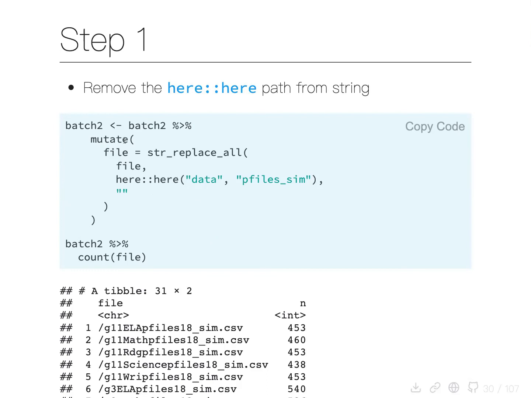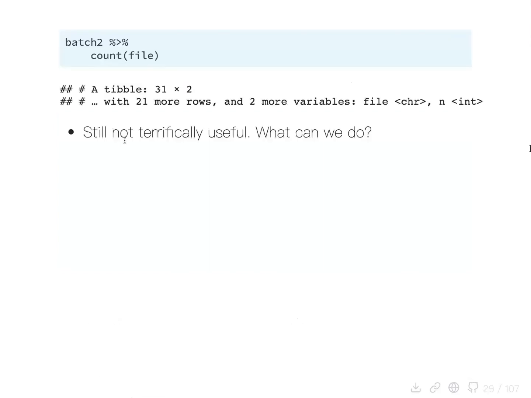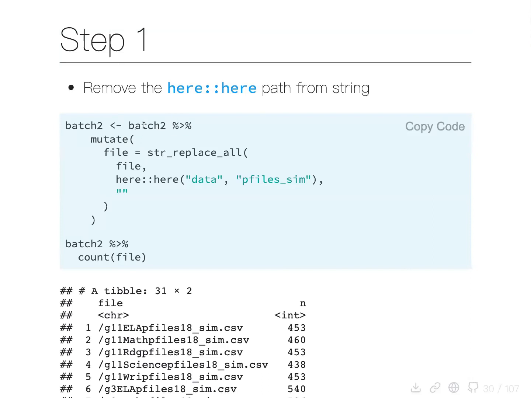Okay, so I have my batch 2, which is what I use the .id file on. And then I'm going to say mutate file. I talked about this last term, but I actually typically use gsub. But in this case, I use string replace all. So which is the equivalent, right? It's the tidyverse version.